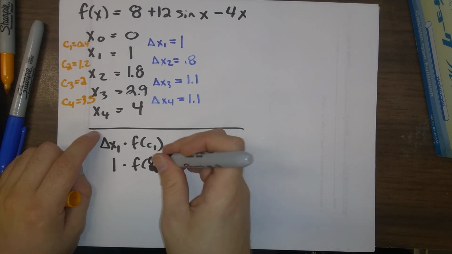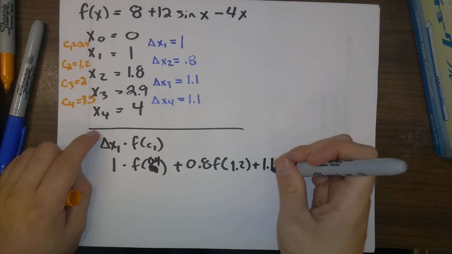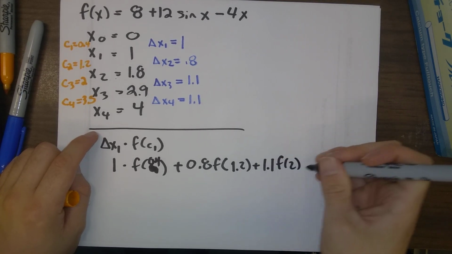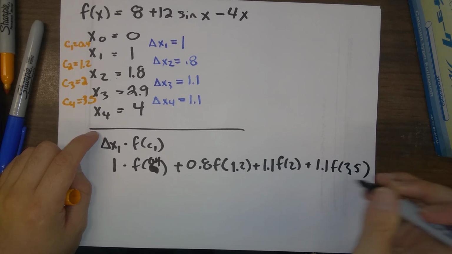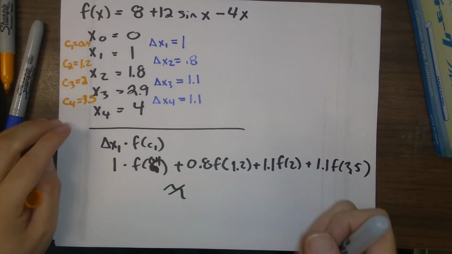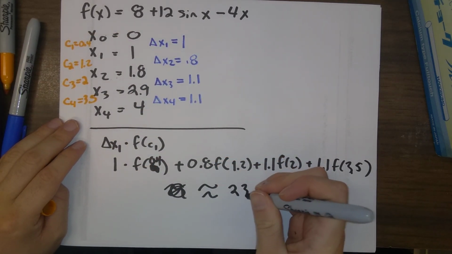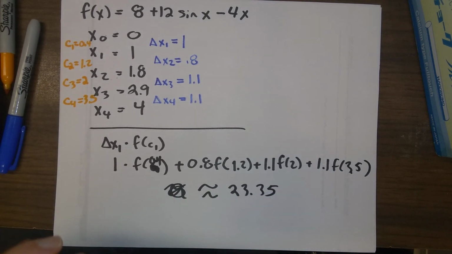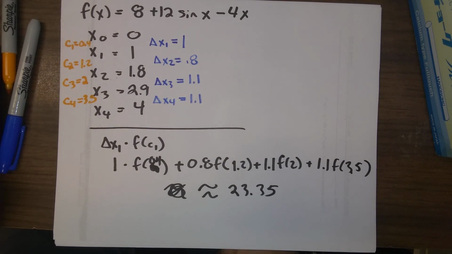That's f of 0.4, f of 1.2, plus 1.1 times f of 2, plus 1.1 times f of 3.5. I do have this computed: if you plug all of this in, you end up with something that is about 23.35. So that's an example of calculating a Riemann sum.